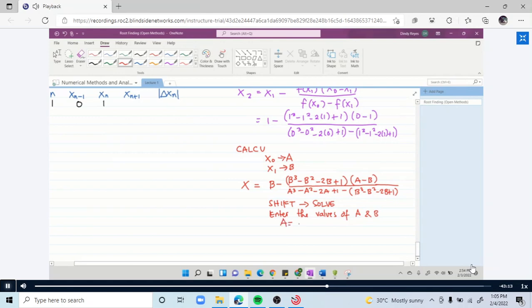Initially, a is equal to 0 and b is equal to 1. Then press the equal sign twice. You should be getting 0.5.